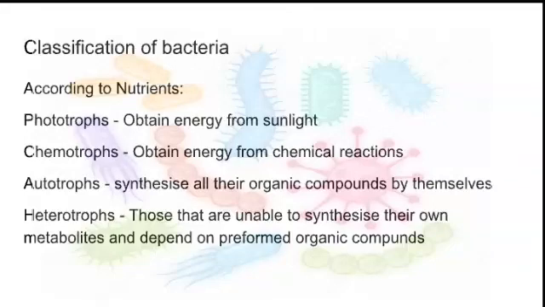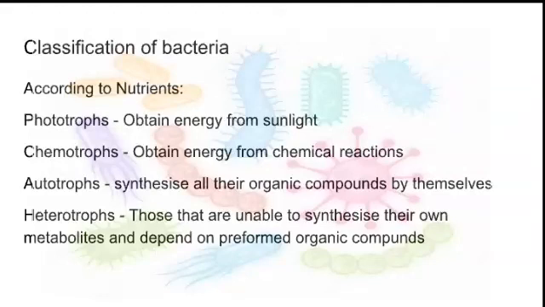Classification of bacteria. According to nutrient preparation, the bacteria are classified as phototrophs, chemotrophs, autotrophs and heterotrophs. From the term itself, you all know what a phototroph is. If the bacteria obtain energy from sunlight, they are called phototrophic bacteria.